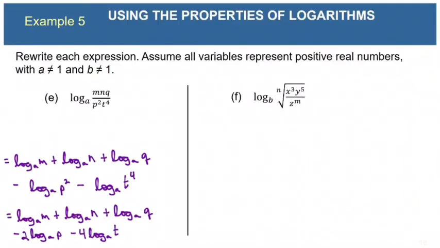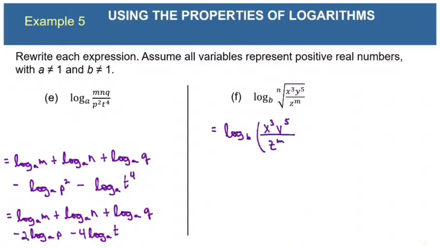And finally, this last part of example 5, let's look at log base b of the nth root of x to the third y to the fifth over z to the m. Now the first thing we would want to do is get rid of this radical, so I'll rewrite this nth root as the 1 over n power.